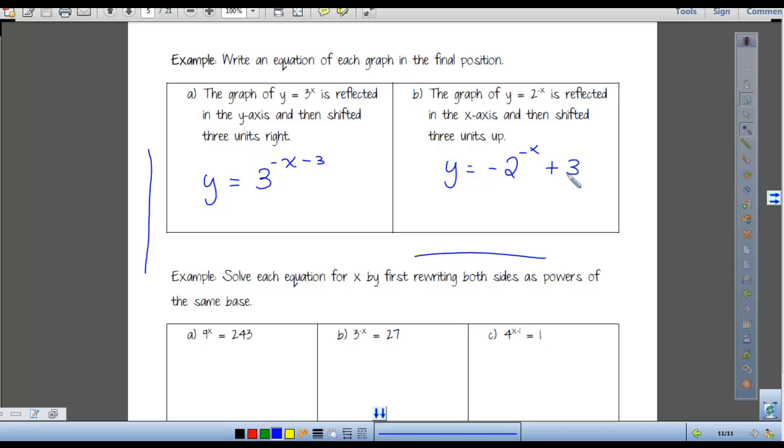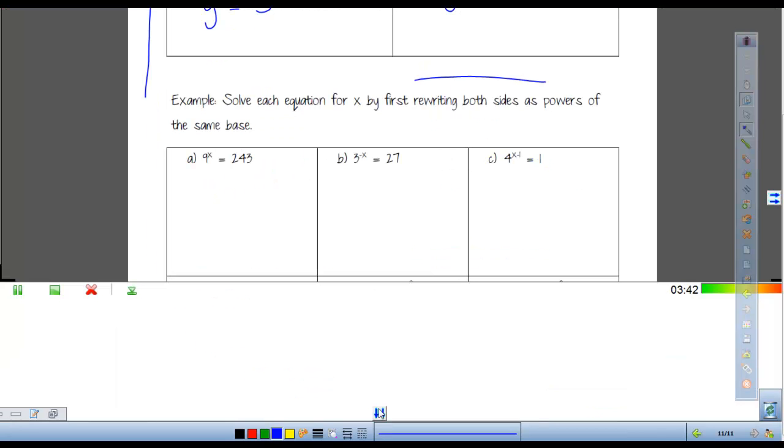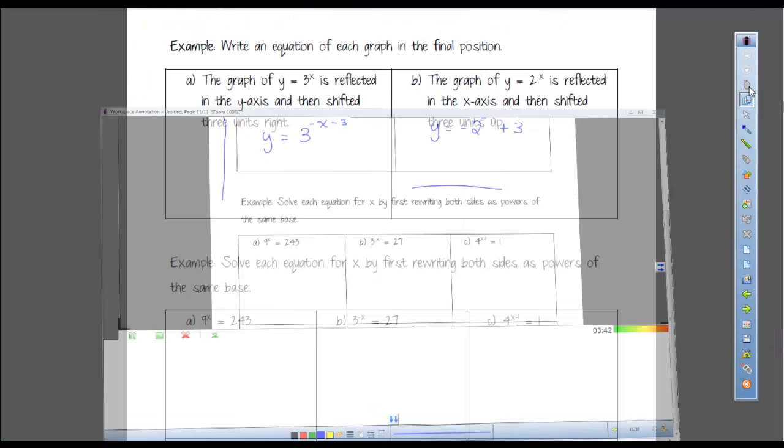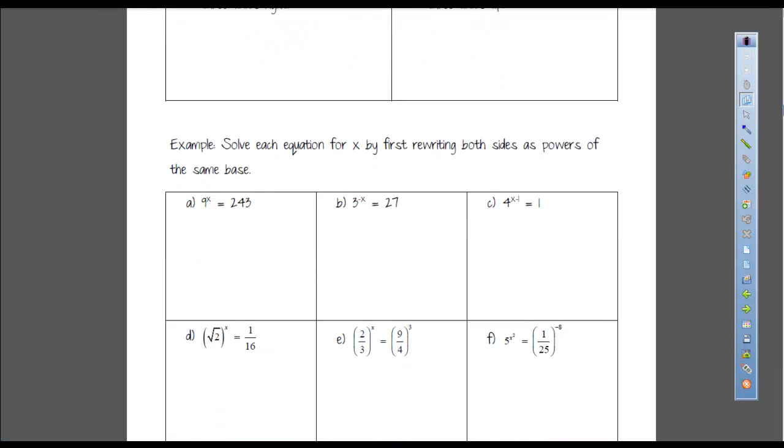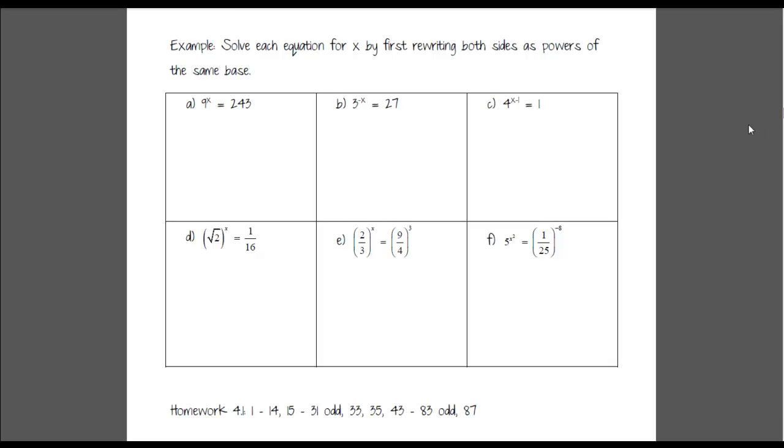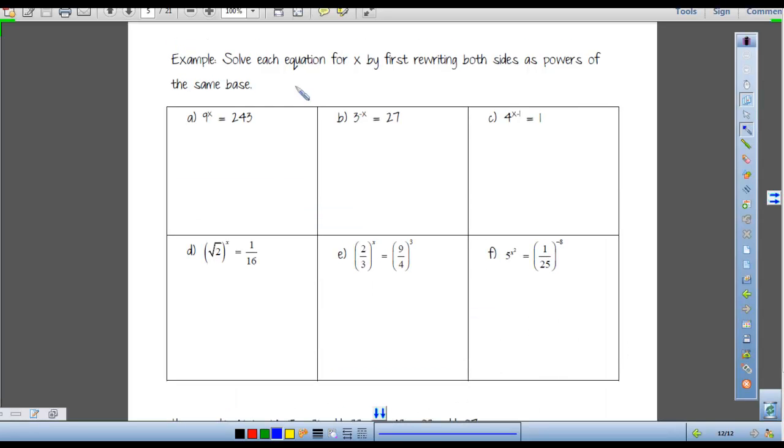Okay? All right, we want to solve some equations, and this goes back to that principle that we mentioned a little bit earlier that says if we have a to the u equals a to the v, then this implies that u equals v.